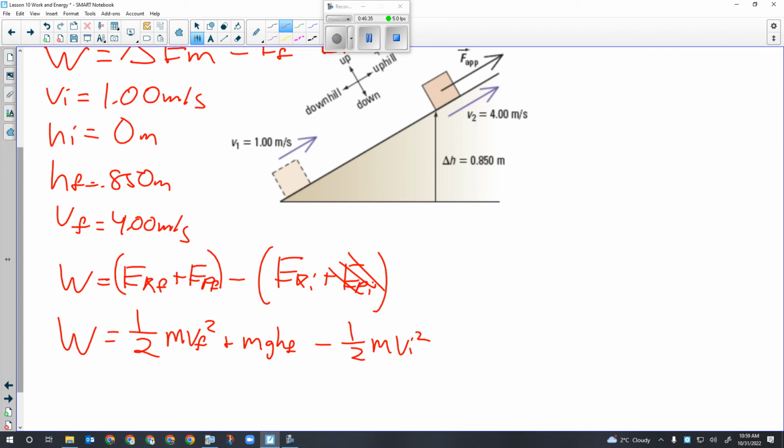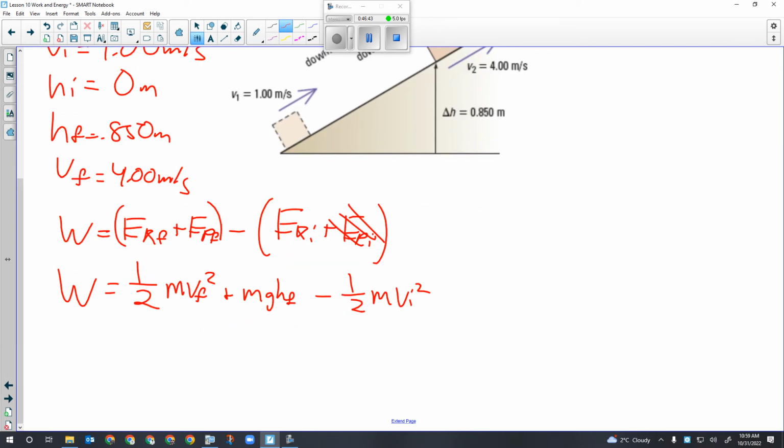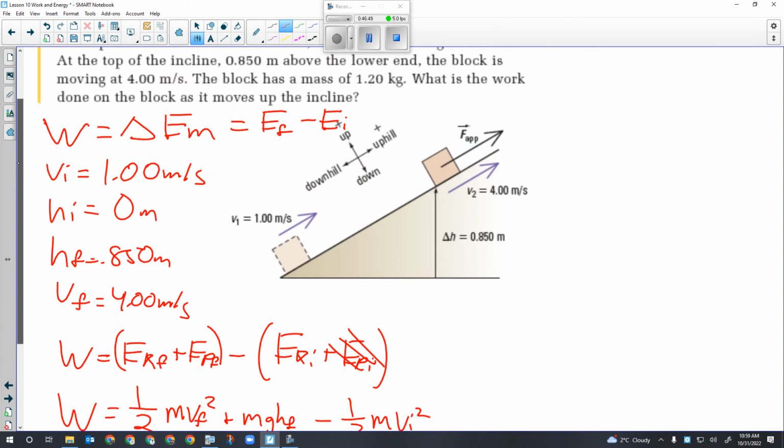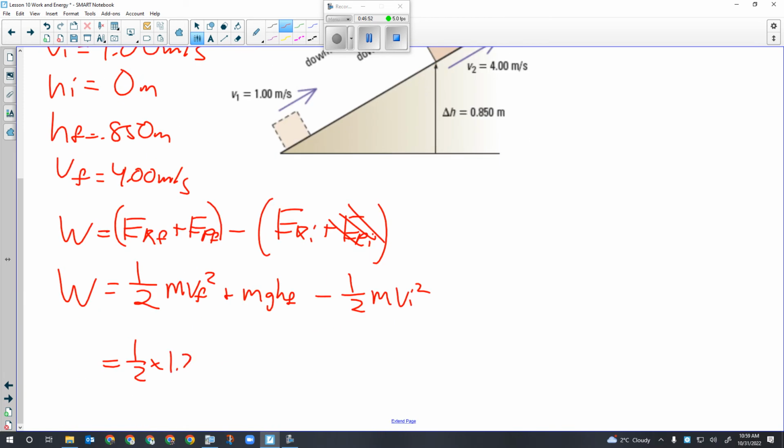Do I have to do any manipulating? Nope, I just have to plug in the numbers. This is going to calculate work directly. So 1/2 times, what was the mass of this thing? 1.2 kilograms, times 4 squared, my final speed, plus 1.2 times 9.81 times 0.850, my final height, minus 1/2 times 1.2 times 1 squared, because that was my speed at the bottom, 1 meter per second.